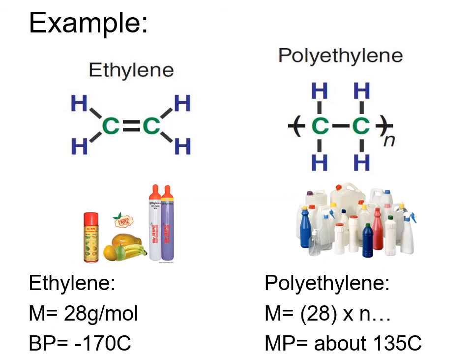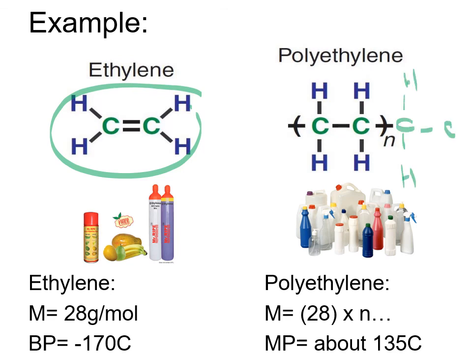So, for example, if we were to look at ethylene, we have a carbon bonded to a carbon with a double bond, some hydrogens around there. This one here has distinct units with 4 hydrogens and 2 carbons. If you look at polyethylene, imagine the same sort of setup. We don't have a double bond there, but instead we have more carbons attached, and it's going to keep going.